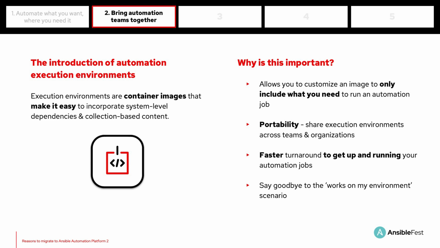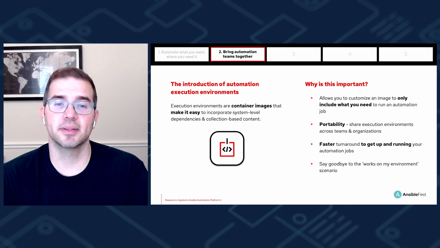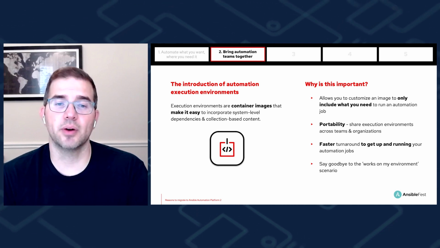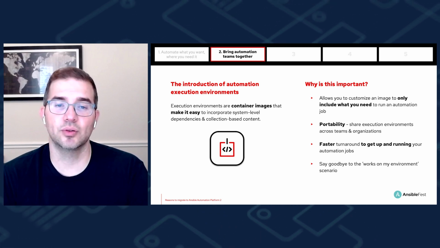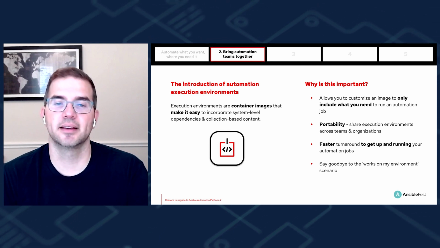Reason 2, bringing automation teams together. Automation tools are no longer the domain of specialists. Both IT operations teams and developers must now be supported as automators, but to do so requires automation technology that is easily portable, flexible, and scalable to stretch across IT footprints.